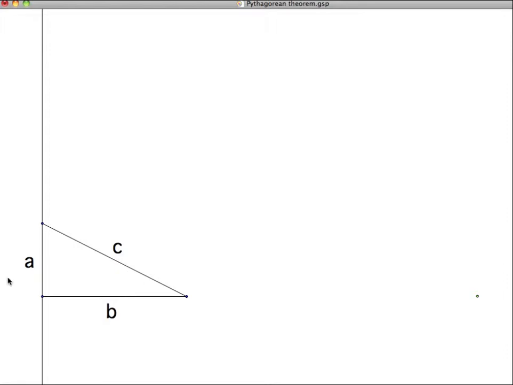Garfield then began constructing a right triangle congruent to the first. He did this by constructing a circle with radius equal to length C, centered at this point. This looks like this. Then he constructed a perpendicular line at the center of the circle.